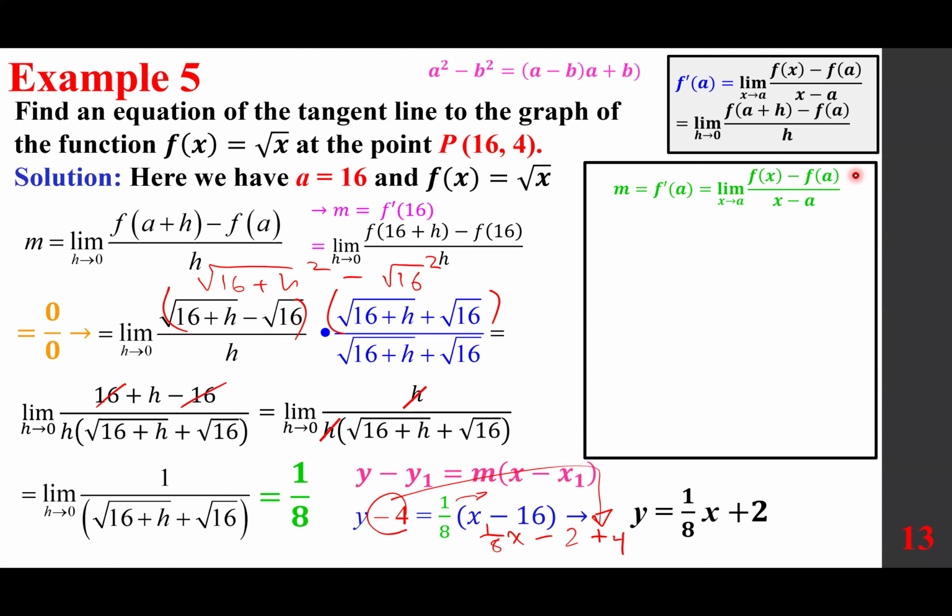So plug in. What do we want? f prime of 16. So the limit of f of x minus f of 16 over x minus 16 as x approaches 16. f of x is square root of x. f of 16 is 4.